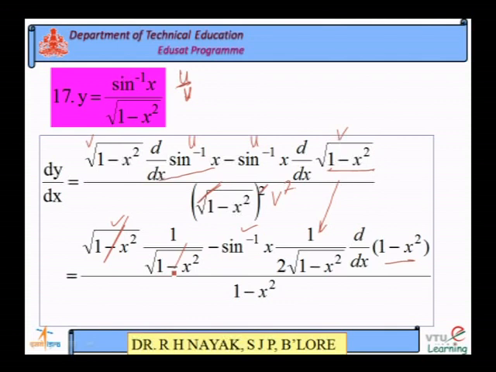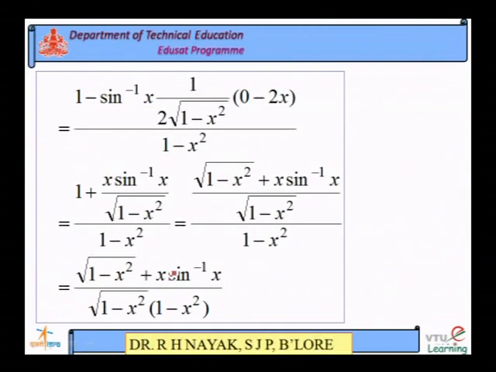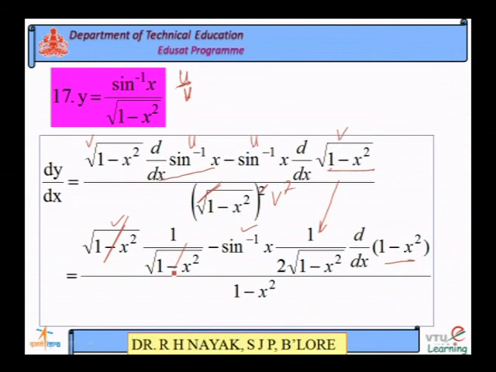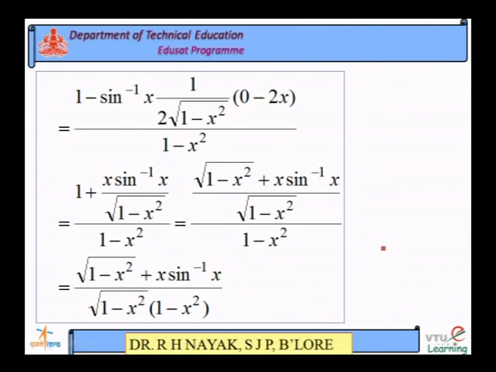Root of 1 minus x square, remaining is what? 1 minus, see, sin inverse x is taken as it is. Differentiation of 1 minus x square: differentiation of 1 is 0 and of x square is 2x. So it is 1 minus 2x, minus 2x, and this 2 gets cancelled.